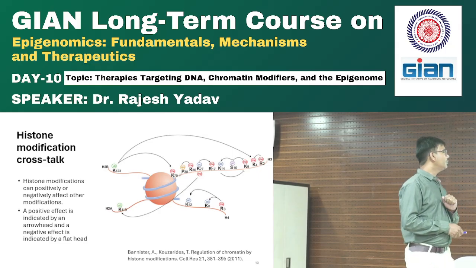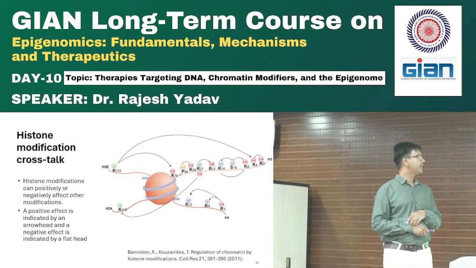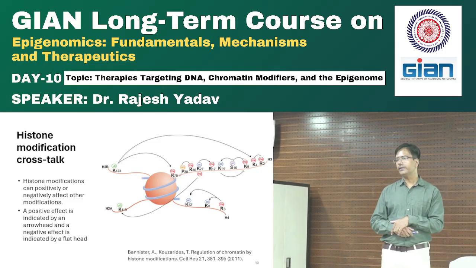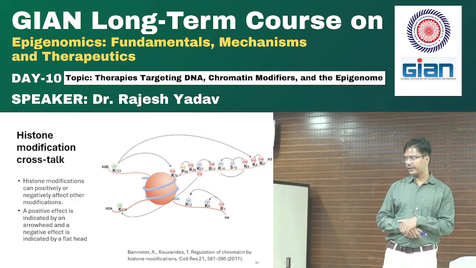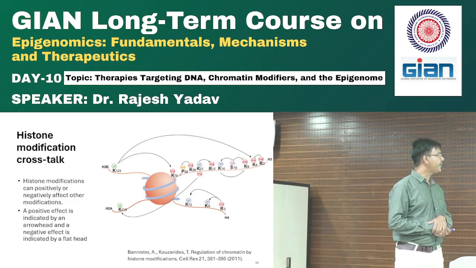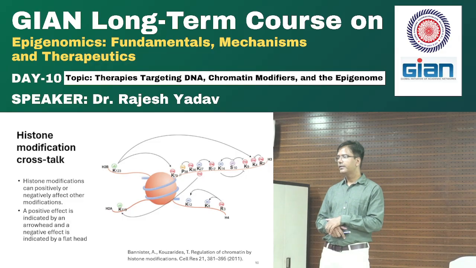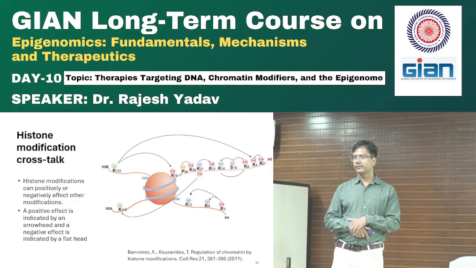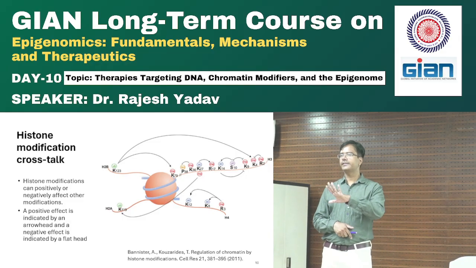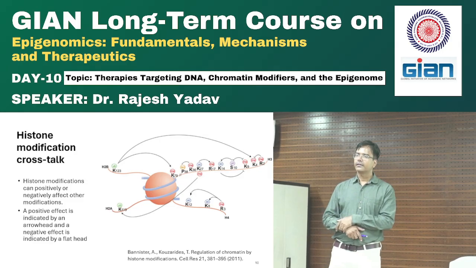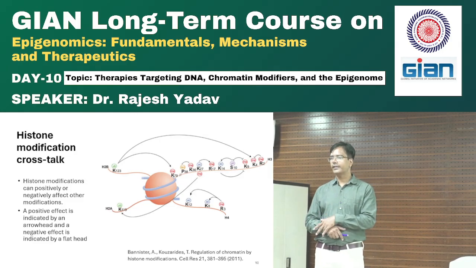I'm telling you that I have to prove that K9 trimethylation is involved in heterochromatin, but serine 10 phosphorylation is involved in euchromatin. I'm giving this statement to you. This you have to remember, right? If you do not remember this, then you cannot pass the exam.